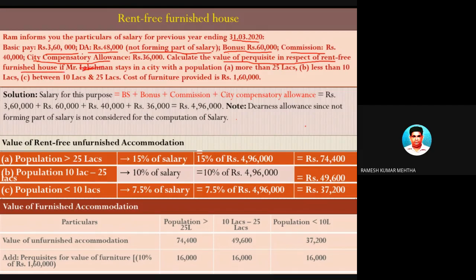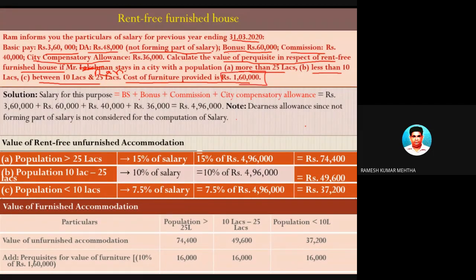This is Ram, and you have to assume three situations: the population is more than 25 lakh where the accommodation is provided; second, less than 10 lakh; and third, between 10 lakh and 25 lakh. He is also provided with rent-free accommodation with furniture, and the value of the furniture is 1,60,000 rupees.